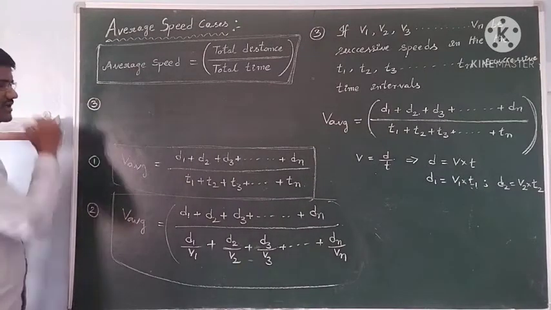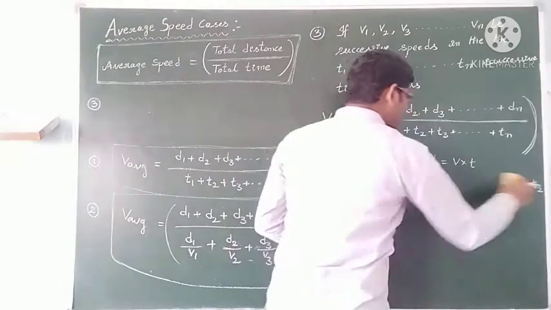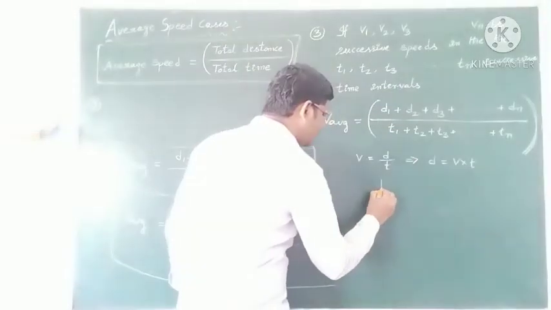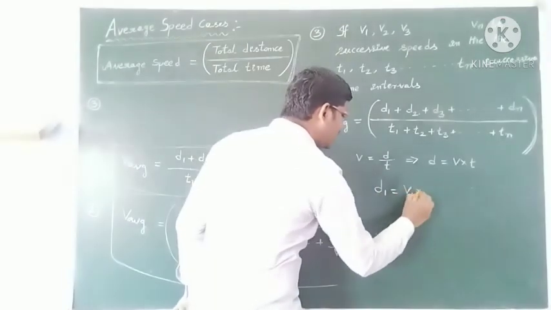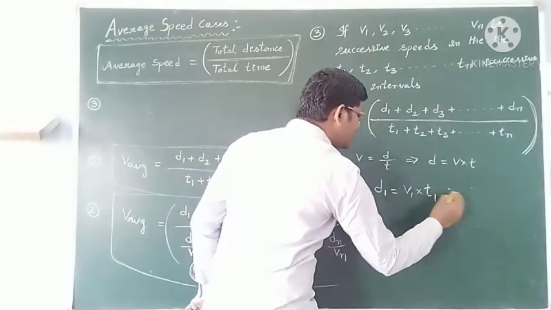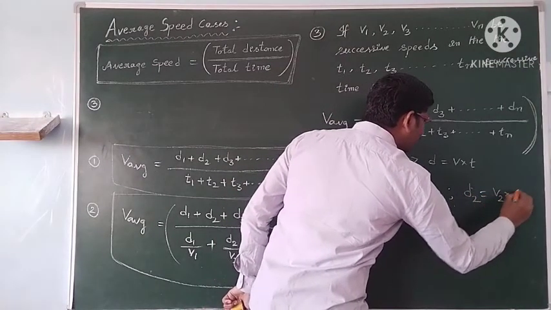You see students, instead of D1 I can write, distance D1 is equal to V1 into T1, and similarly distance D2 is equal to V2 into T2.